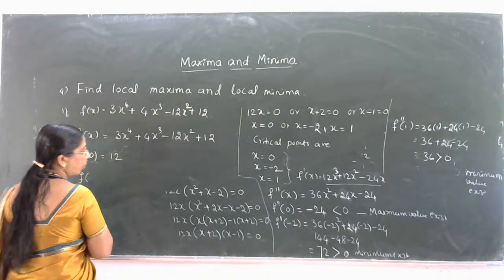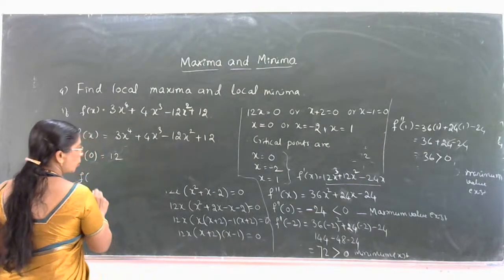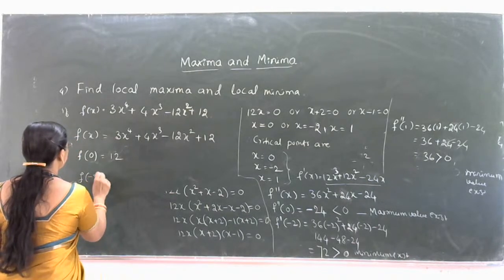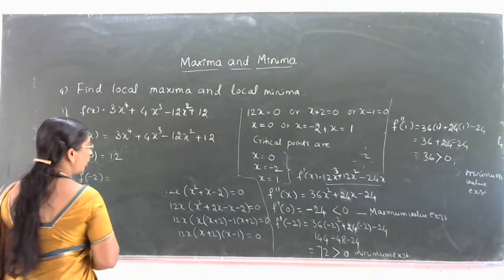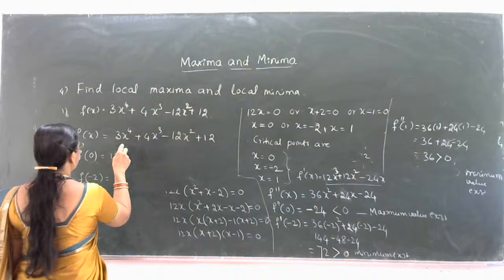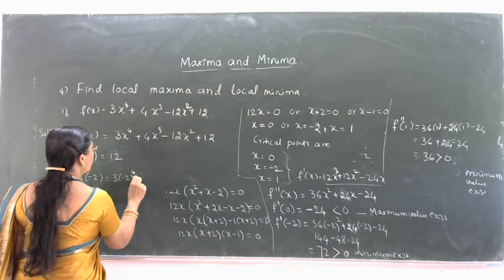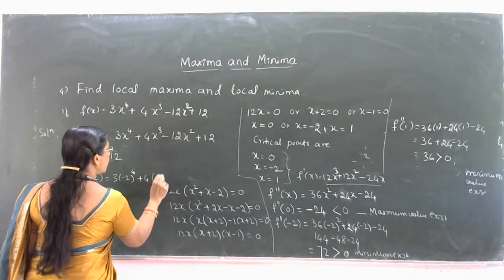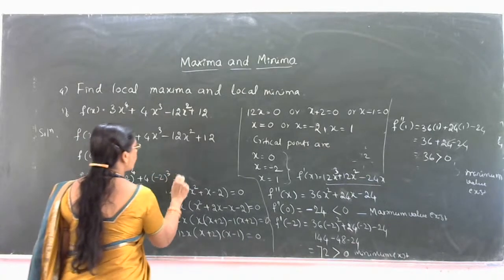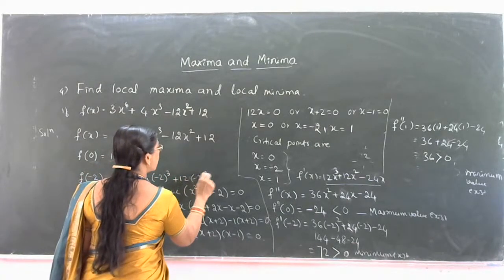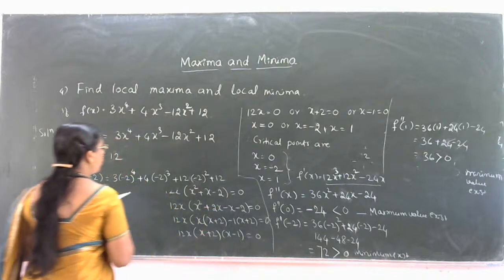f of minus 2 is equal to 3 into minus 2 whole raised to 4 plus 4 into minus 2 whole cube minus 12 into minus 2 whole square plus 12.